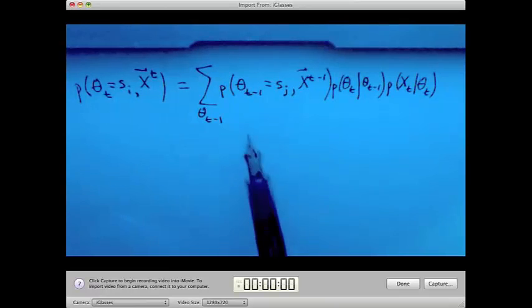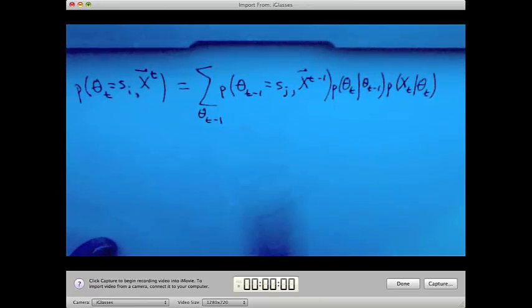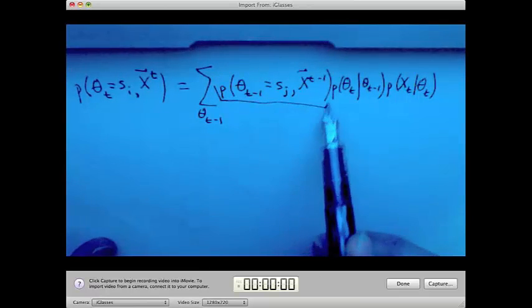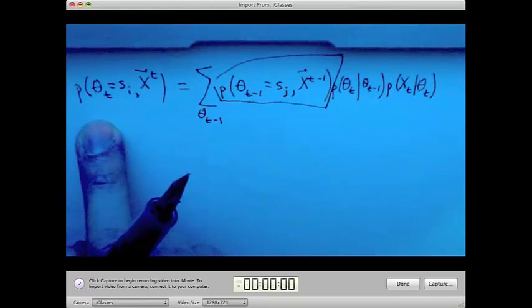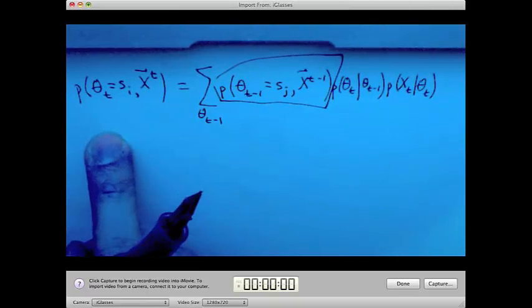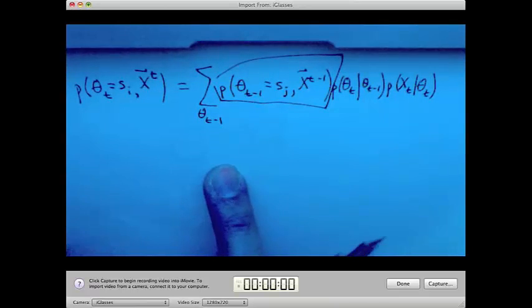Well, we're definitely summing over theta t minus 1, but you'll notice that by this definition, we would get this piece by the exact same equation, right? Because it's just the same form as on our left-hand side. So we would get it by summing over theta t minus 2, which we would get by summing over theta t minus 3, and so on.